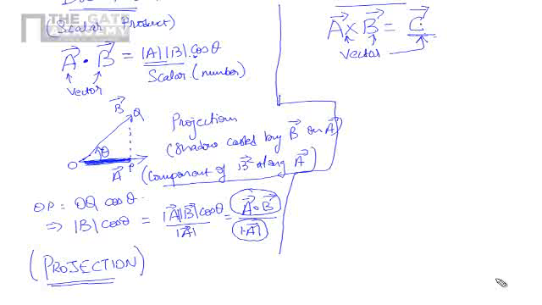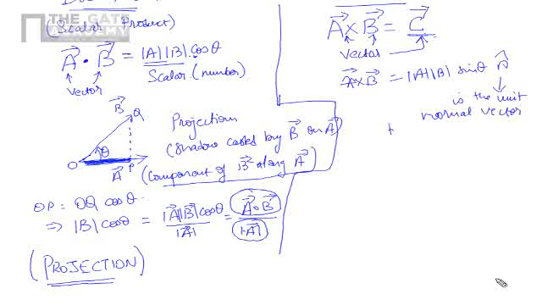Now the relation of A cross B is given by A B sin theta n hat, where n hat is the unit normal vector to the plane containing A vector and B vector.